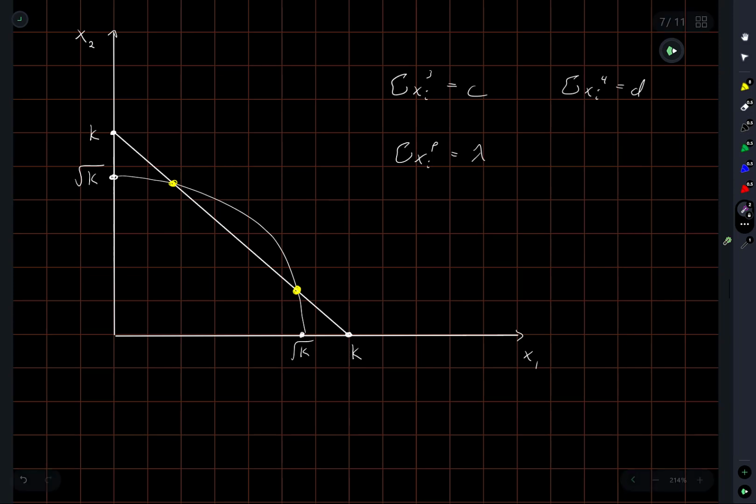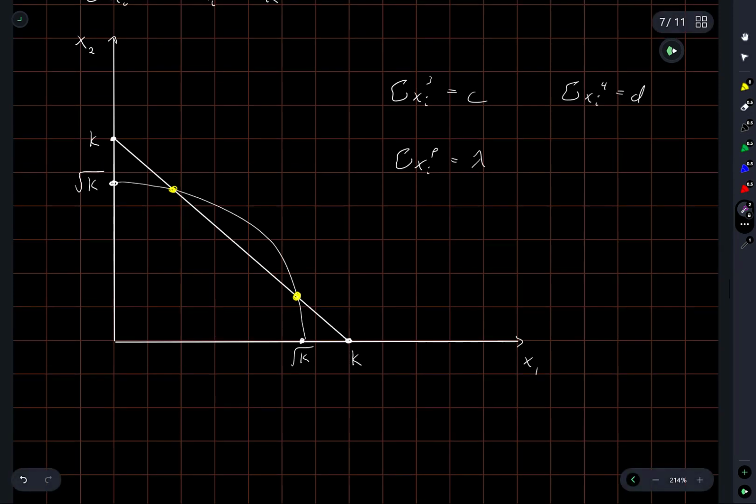I think maybe we could. It's not really going to be a proper argument, but what I want to do is draw the level set of this thing for the value of c so that it passes through this point, and then look for the intersection of this thing with the two axes.